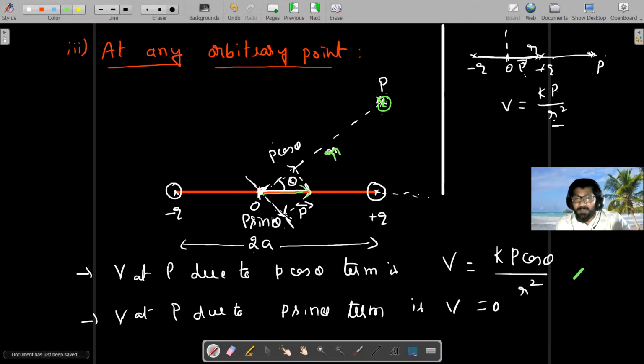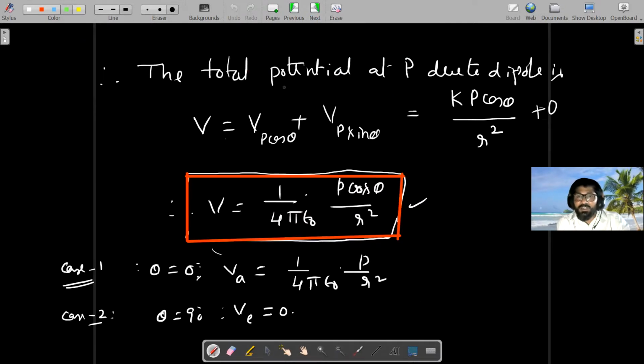So the potential due to this dipole moment vector on this line will be 0. Is that clear why it is 0? Right. Now if you add the potential due to these two components, we get the total or net potential at P due to this dipole, which is equal to the potential due to the p cos theta term plus the potential due to the p sin theta term, which is k p cos theta by r square plus 0.